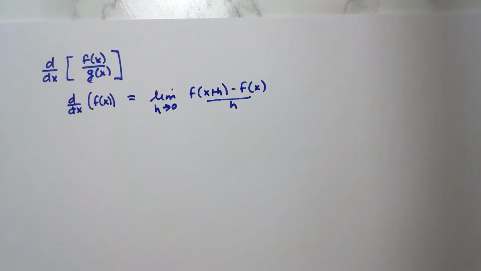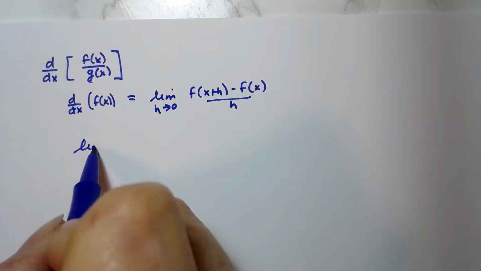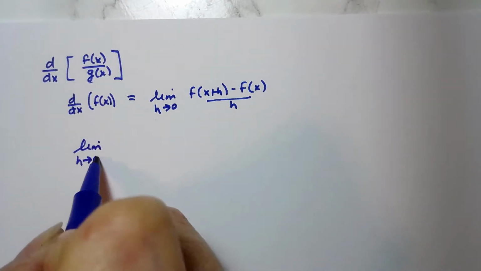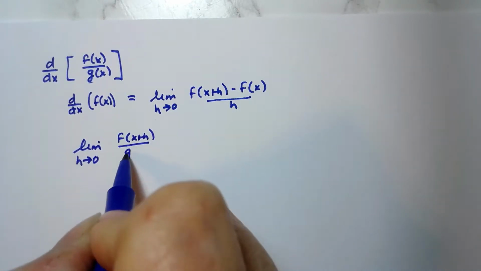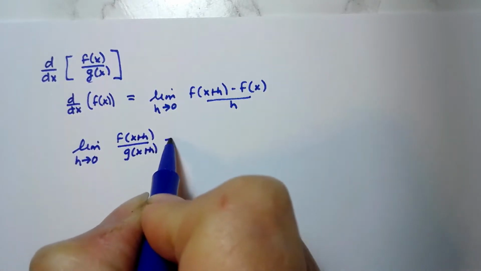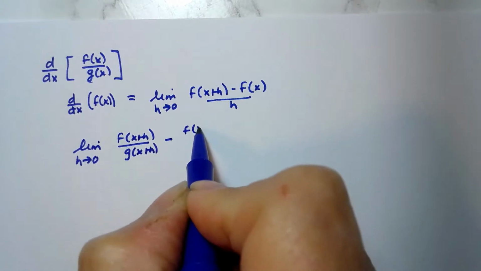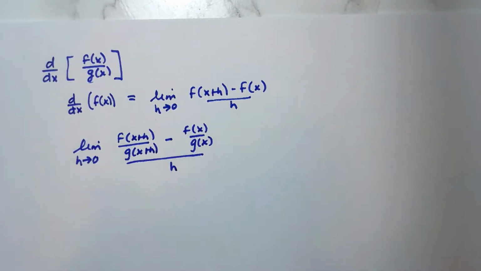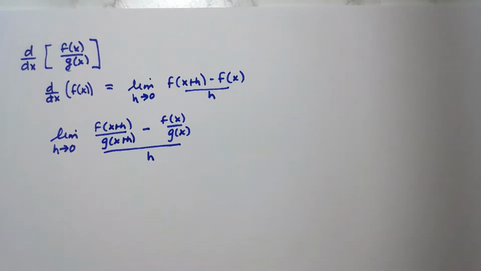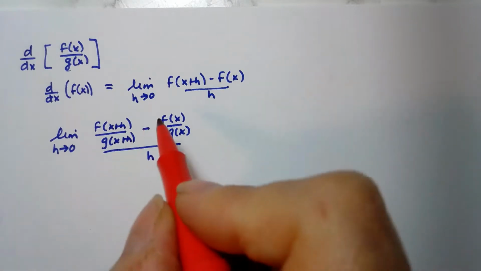So in doing that, we've got the limit as h approaches 0 of f of x plus h over g of x plus h minus f of x, which is f of x over g of x, all over h, right? And I'm going to clean up that numerator, and I'm going to do it the quick and easy way. I'm going to cross multiply to get the numerator.